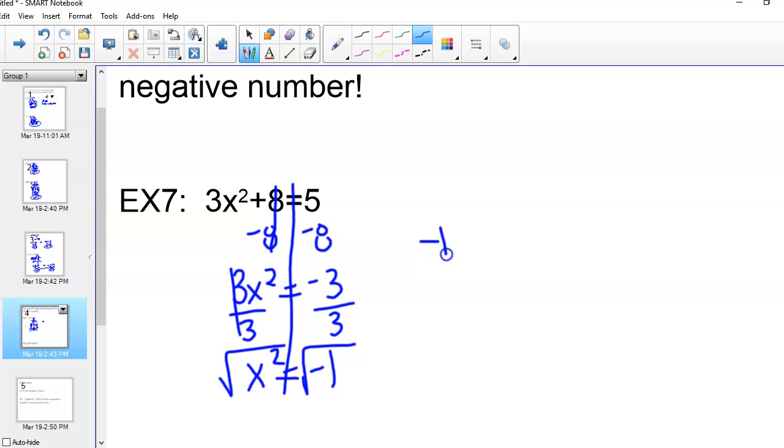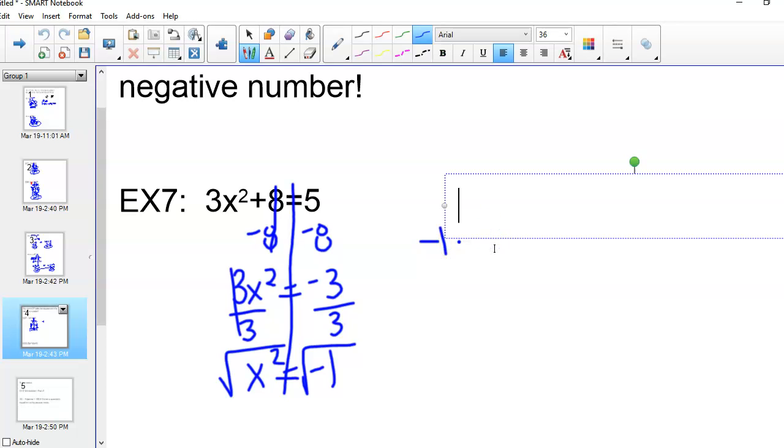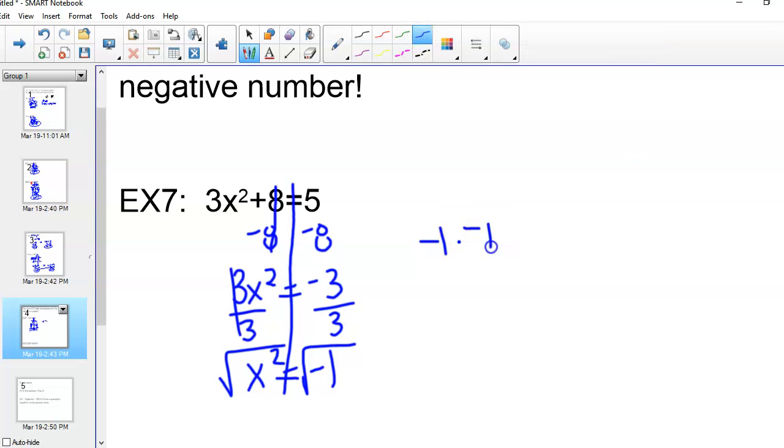If I have negative 1 times negative 1, that would be positive 1. So negative 1 won't work here. Also, positive 1 won't work. So this tells us when we have to take a square root of a negative number, the answer would be no real solutions.